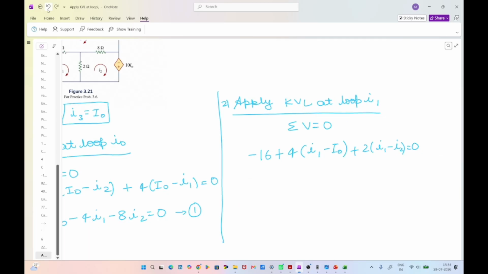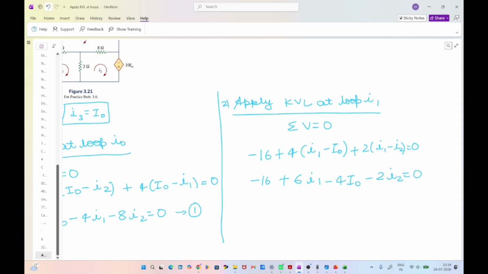Let's simplify this. Minus 16 plus 4 I1 plus 2 I1, 6 I1, and then minus 4 I naught, and then minus 2 I2 is equal to 0.